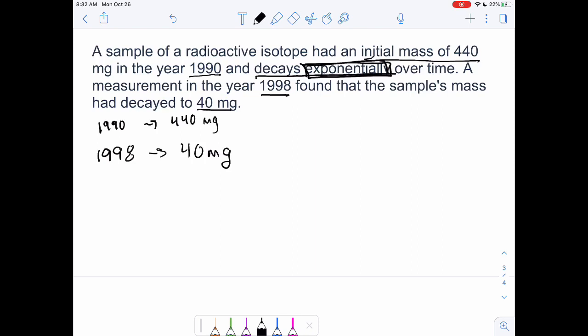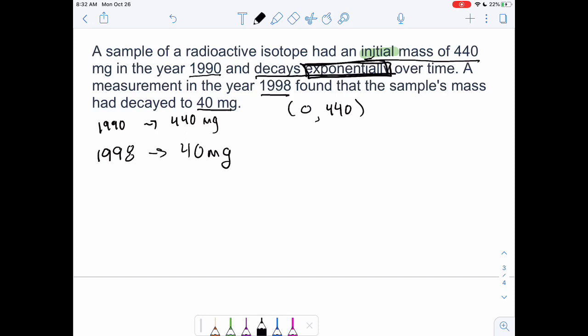So we need to write our ordered pairs. We are not going to write them as (1990, 440). Instead, we understand that 1990 was our initial year, our beginning year, so we're going to represent 1990 with a 0.